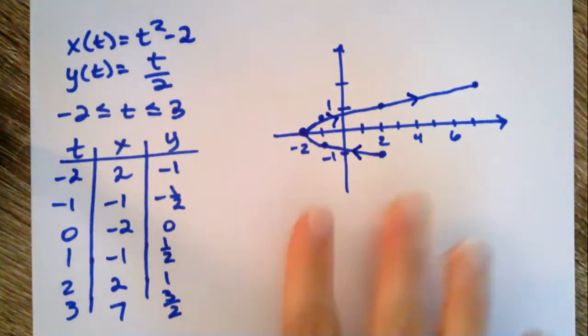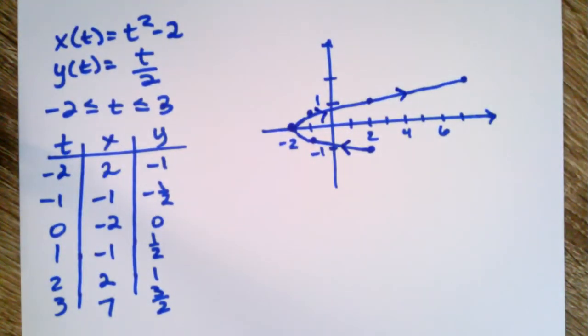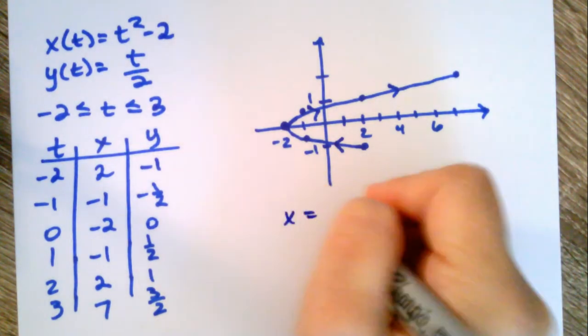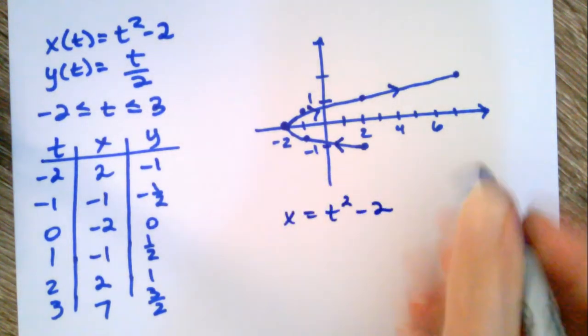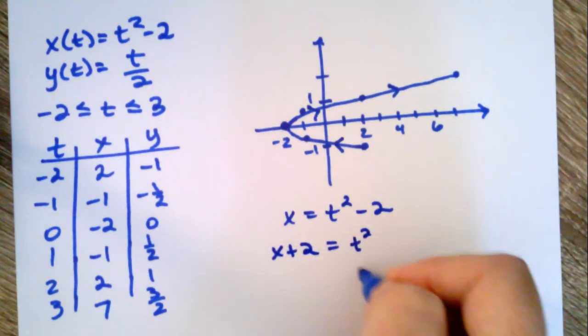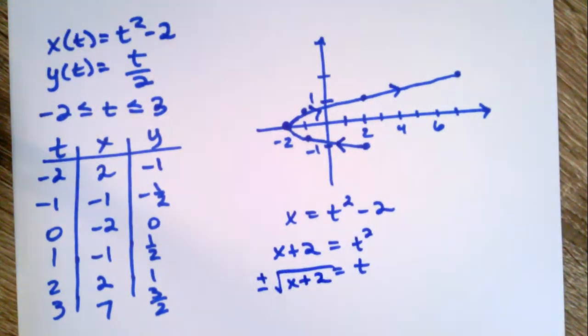So we've got the table, we've got the graph. What I'm going to do now is eliminate the parameter. I'm going to start with x equals t squared minus 2. So t squared is equal to x plus 2, and t equals plus or minus the square root of x plus 2.